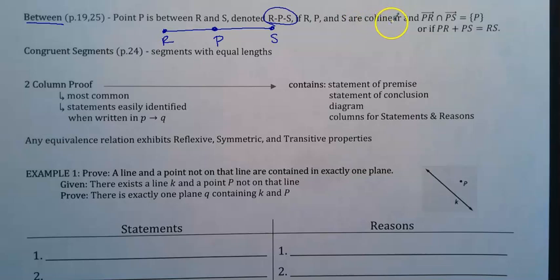If R, P, and S are collinear, and it says ray PR intersects ray PS at point P. So if they intersect at this point, we might say PR, the length of P to R, plus the length of P to S is equal to the whole length, from R all the way to S. Those things make sense, and we're going to use that definition of between, so we can use this formula.